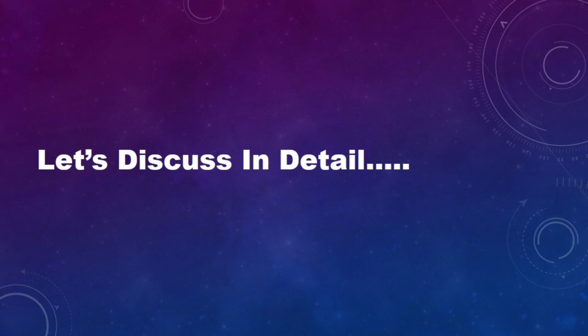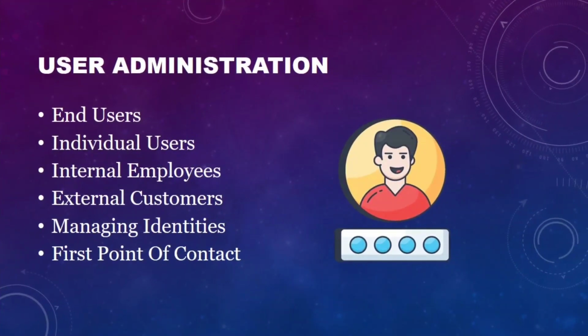So here we will start with the first topic which I have told you earlier, user administration. The primary responsibility of a system admin is to support reliable and effective use of complex IT systems by end users, whether internal employees, external employees, or client-side employees.